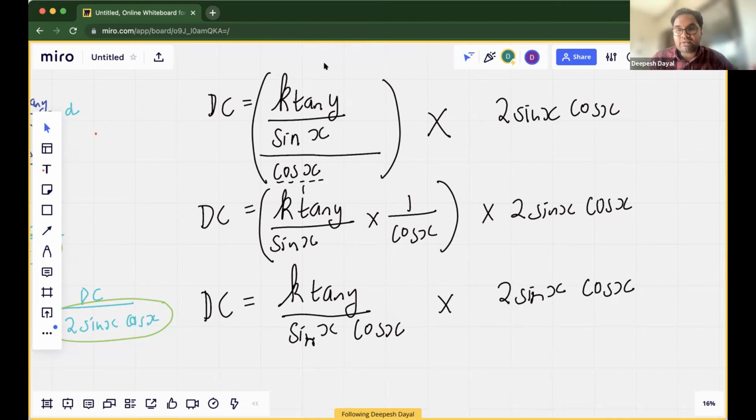And now what we need to do is see how we can simplify this. We're going to cancel the cos x. We're going to take sine x, cancel with the sine x, cos x cancel with the cos x, and we're then left with DC equals 2k tan y.